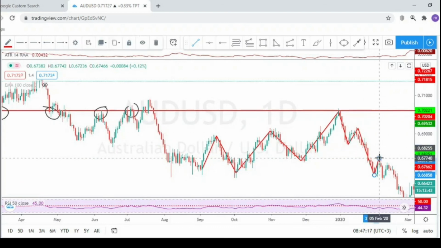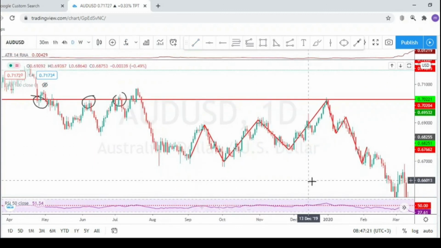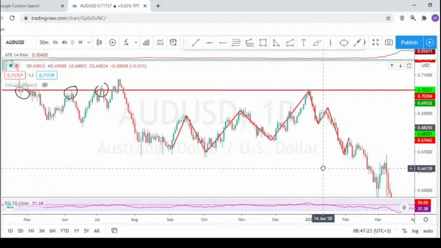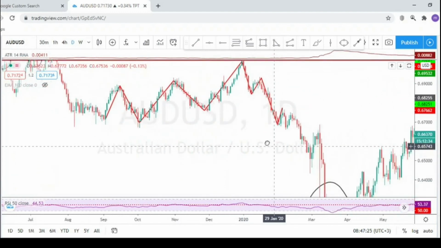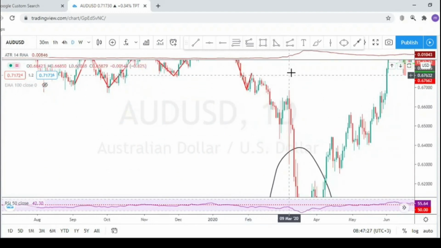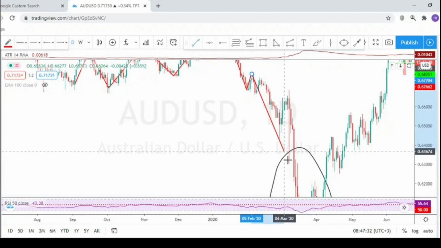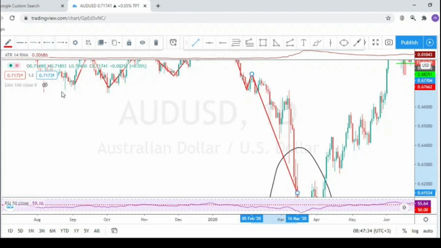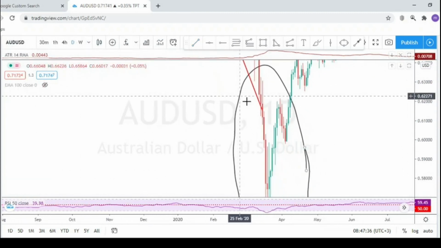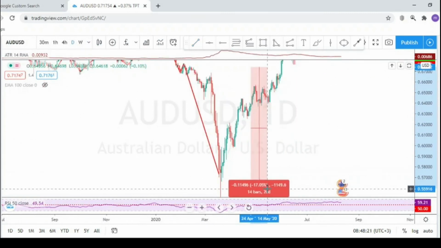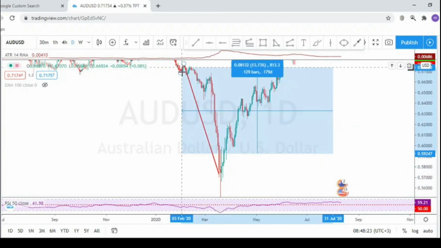In this case, it's here. So all you have to do, you go to your smaller time frame and look for a simple price action pattern and enjoy your ride to the downside. This could be 1,000 pips. We have more than 1,000 pips.